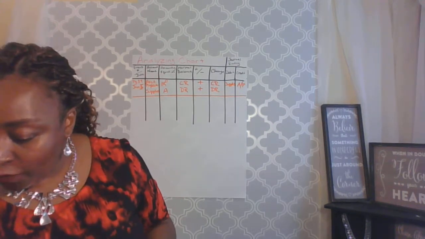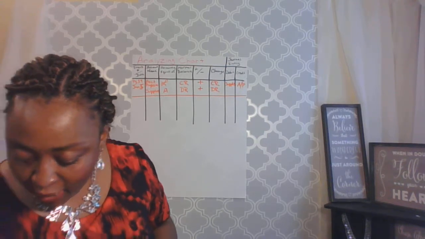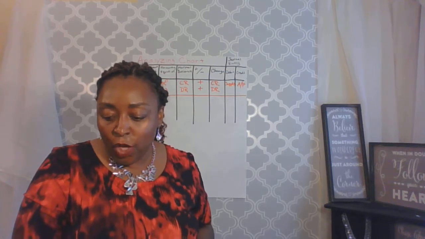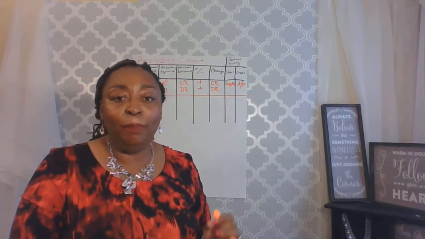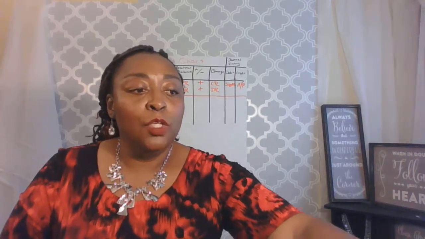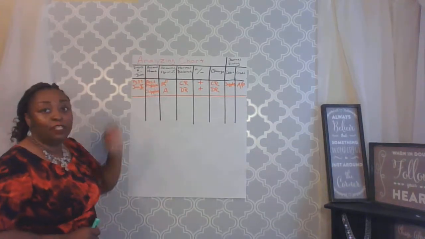So if you go over to page 40, we have paid cash on account to Canyon Office Supplies. Basically what's happening in this transaction is we're paying this bill.